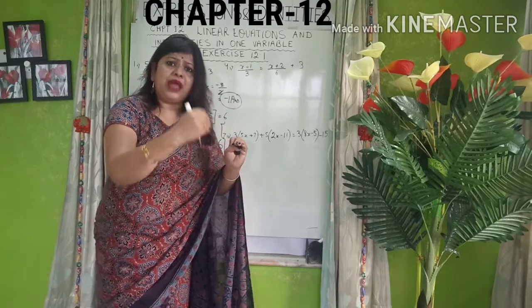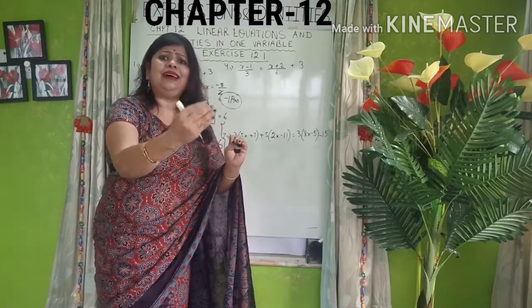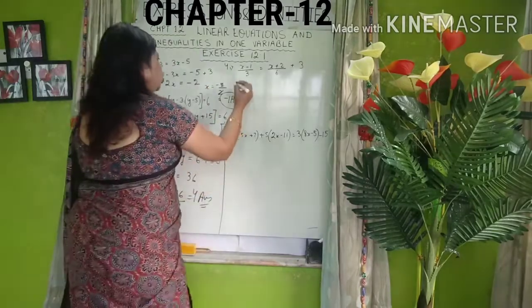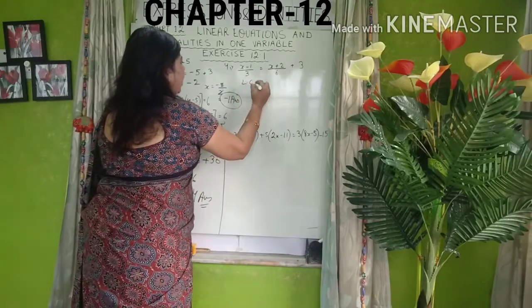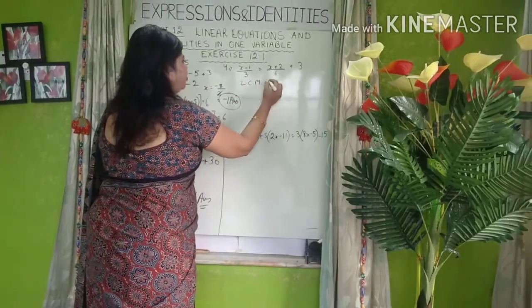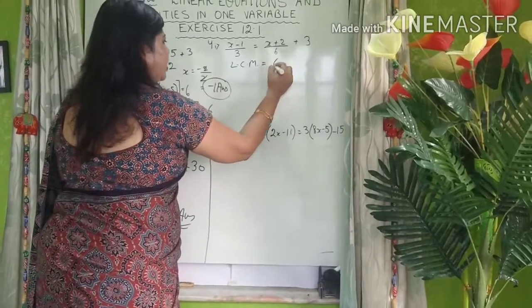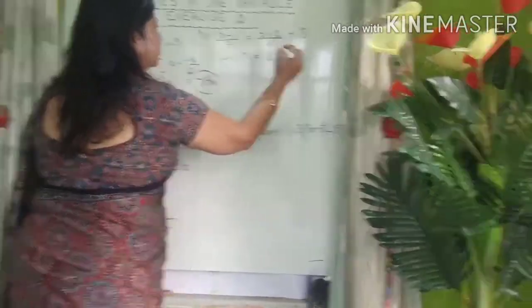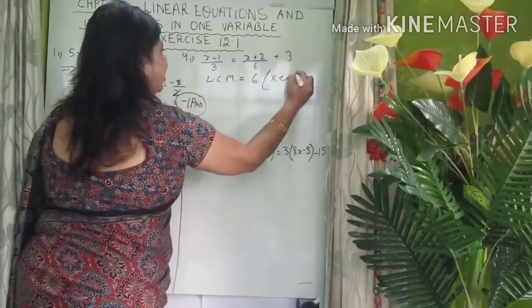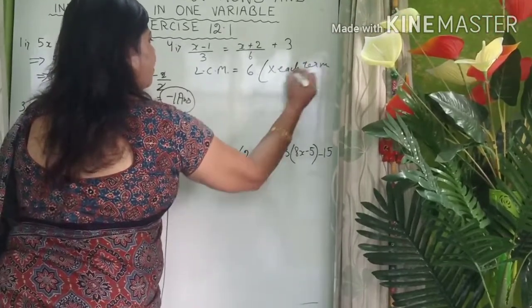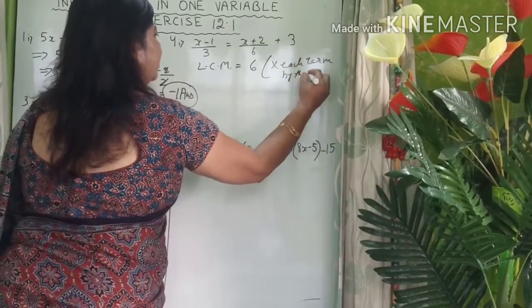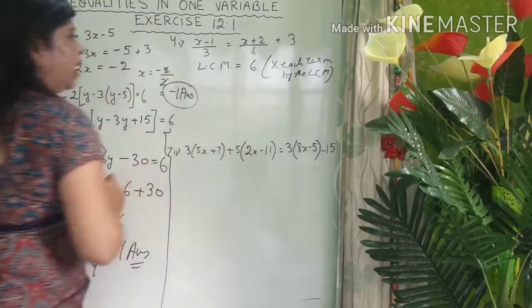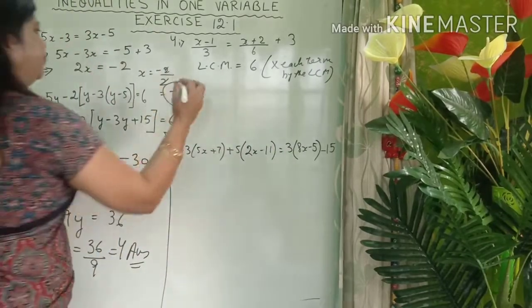You have to multiply each term by the LCM. So I write LCM equals to, LCM of 3 and 6 is 6. LCM equals to 6. So multiply each term by the LCM.